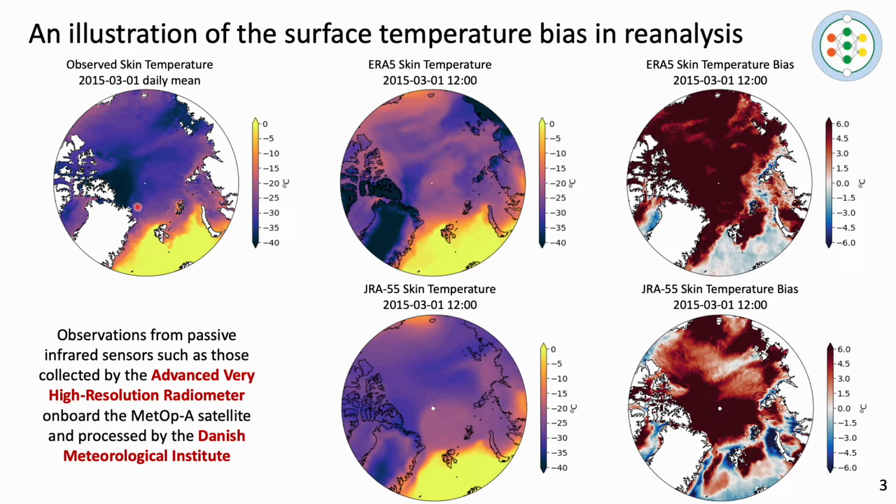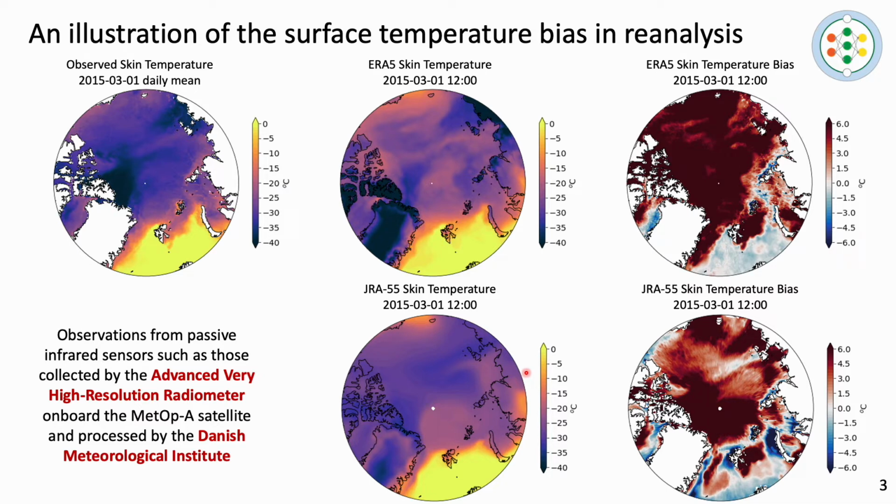You can see that the temperature, of course, is not constant everywhere over the ice, but it has a certain distribution depending also on the weather patterns that are passing over the Arctic on this specific day, which has been chosen randomly. You see that the reanalysis temperature can somehow capture the shape of these weather patterns.